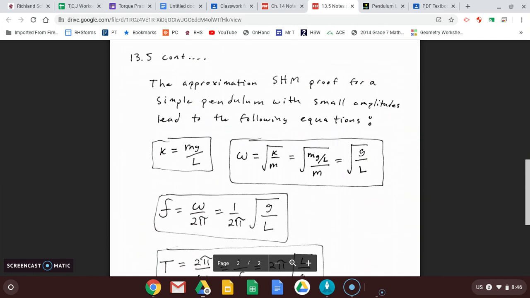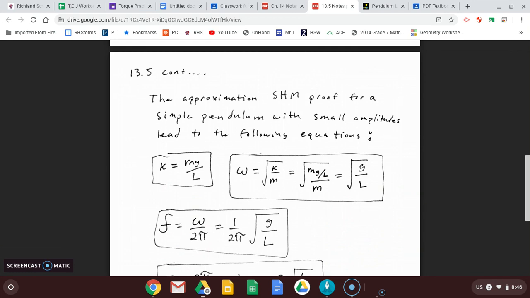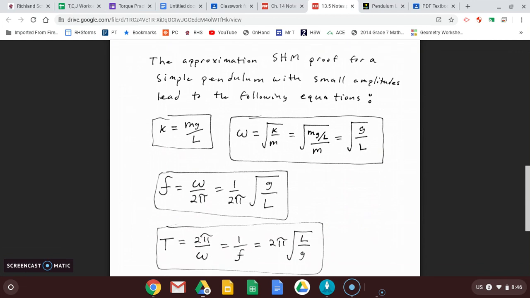So with all that in mind, and going back to the general formulas in the original SHM section, which I believe was 13.3, we could rewrite some of the formulas. Some of them will look exactly the same, but we could rewrite some of them more specifically for a simple pendulum.